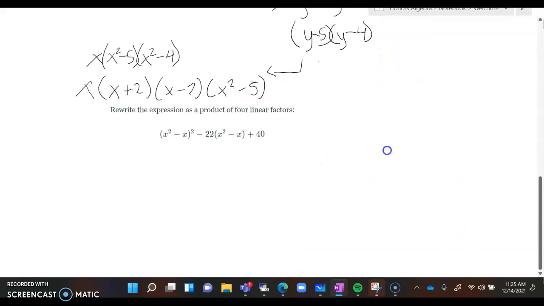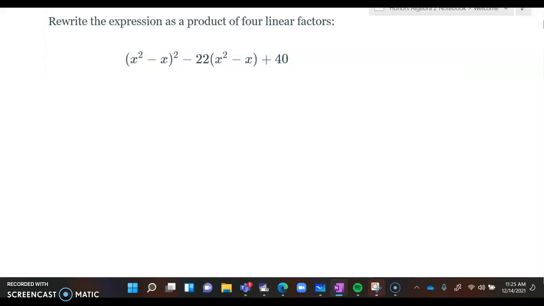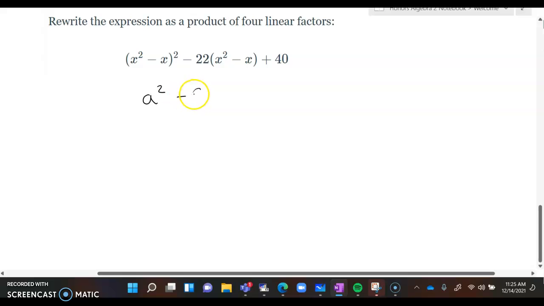So let's look at one other one, and I'm going to go through it in the same way. So this is a quadratic form. This is really a squared minus 22a plus 40, where a equals that whole x squared minus x thing.